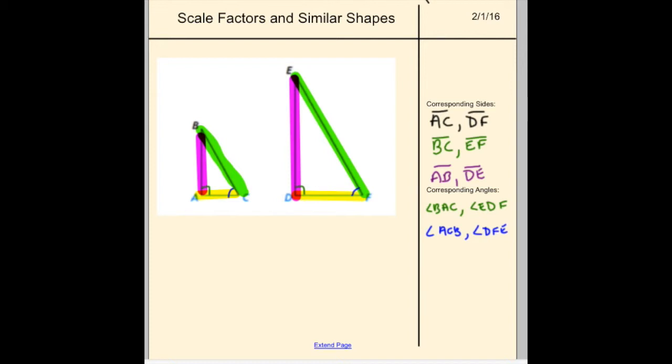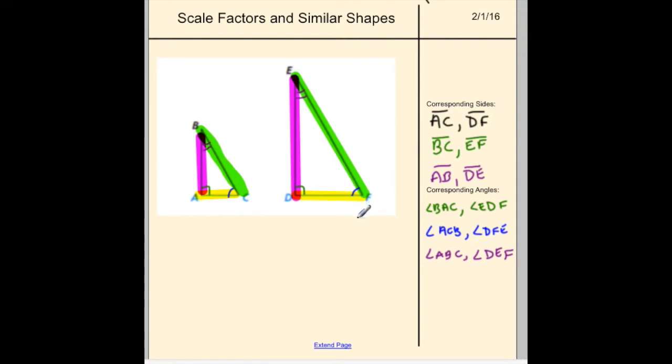And last but not least, let's find another color. How about purple? So this angle up at the top, which I'll mark with two arcs, it's a little tricky to see. So that's ABC, so triangle ABC, that's a B, corresponds to angle DEF. So that's all we mean by corresponding angles.